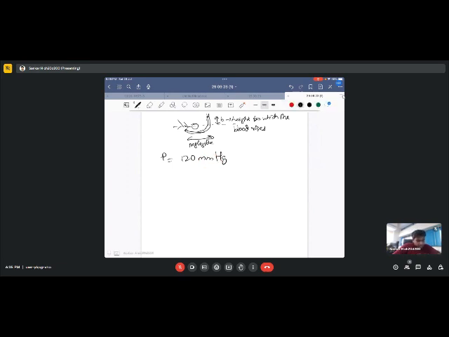It means that the height to which mercury rises is actually 120 millimeters.